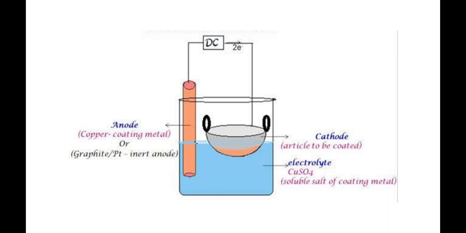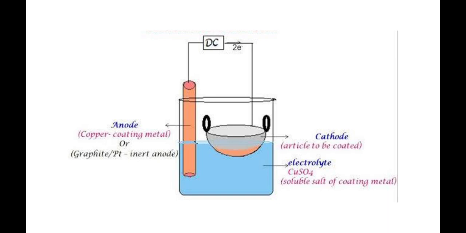Zinc, nickel, silver, cadmium, and chromium are also electroplated. It gives a thin and uniform coat and has become popular. Cadmium and decorative nickel and chromium plating are almost always produced by electroplating.